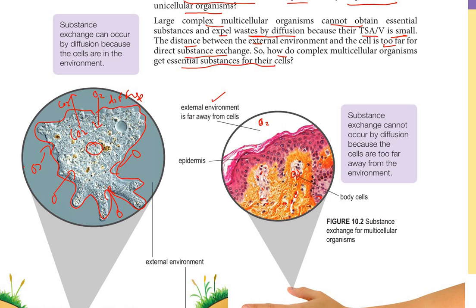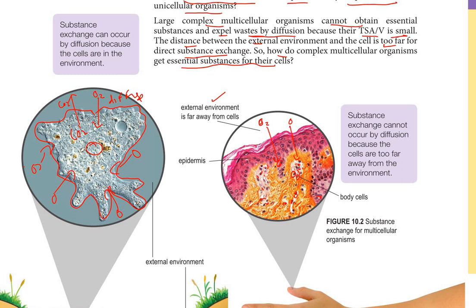If oxygen diffuses here, maybe it can supply this type of cell, and maybe this cell as well. But what about the cells below? They will not get any oxygen.